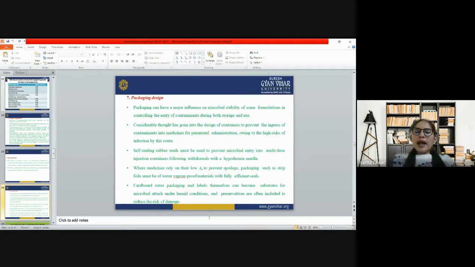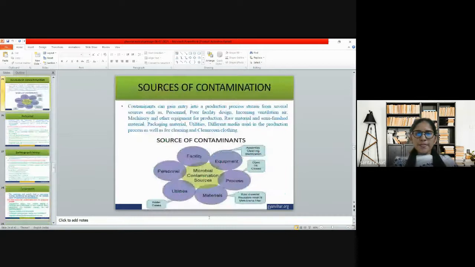Cardboard outer packages and labels themselves can become substrates for microbial attack under humid conditions, and preventions are often included to reduce the risk of damage.